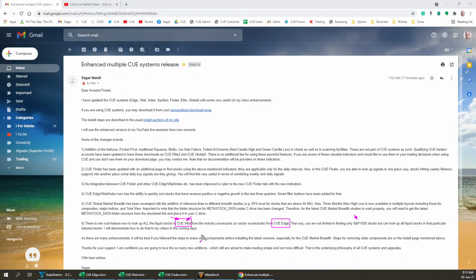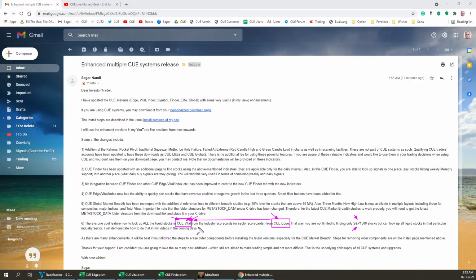Now what we may do, calculate the scorecard of that large list up to 3000 stocks, calculate the list and leave it there, and then find out the strongest or weakest, as the case may be, industry or even sector, and then not drilling down into S&P 1500 stocks in QH itself, but using a button, look up all the stocks in QVital matching the industry and sector.